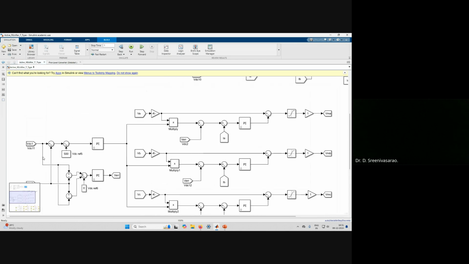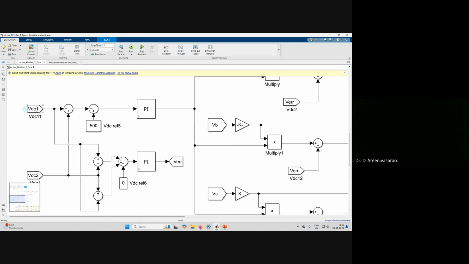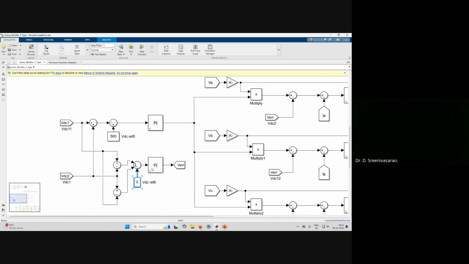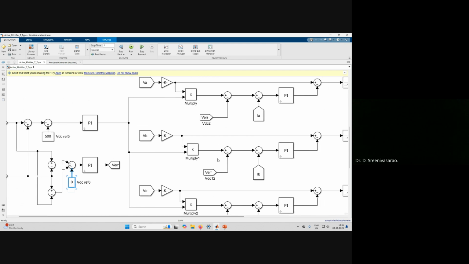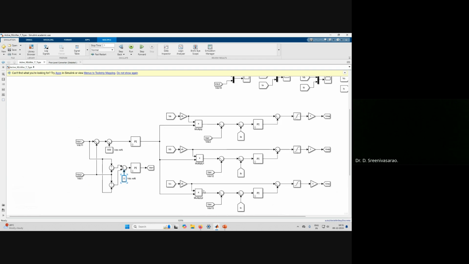As we discussed, this is the sum of the two capacitor voltages. We compare it with the reference of 500, and the difference we compare with zero. We generate an error signal from the difference, and that error signal is compensated here.